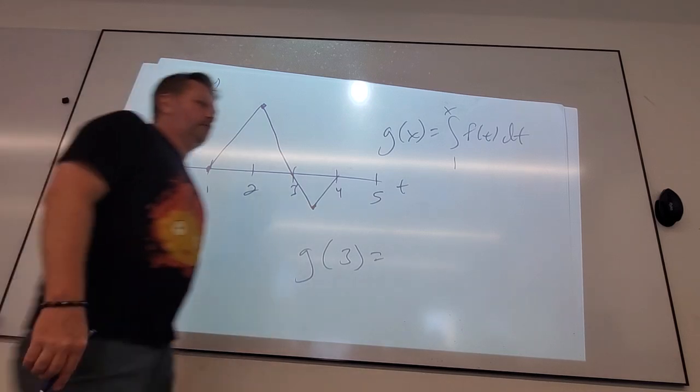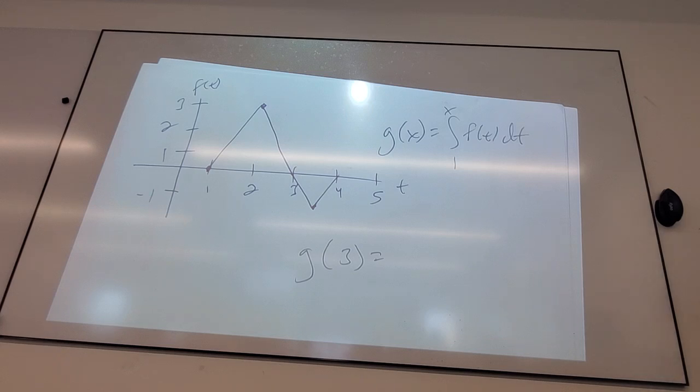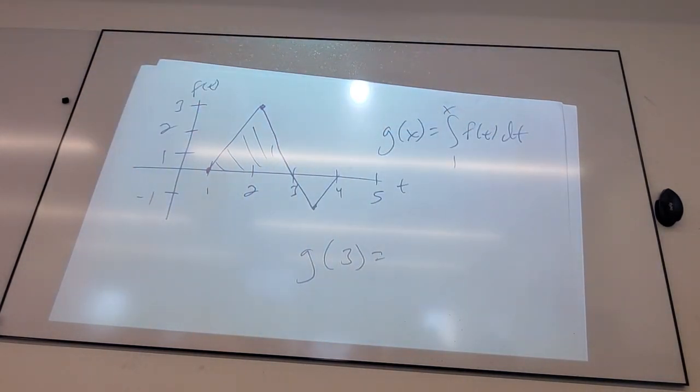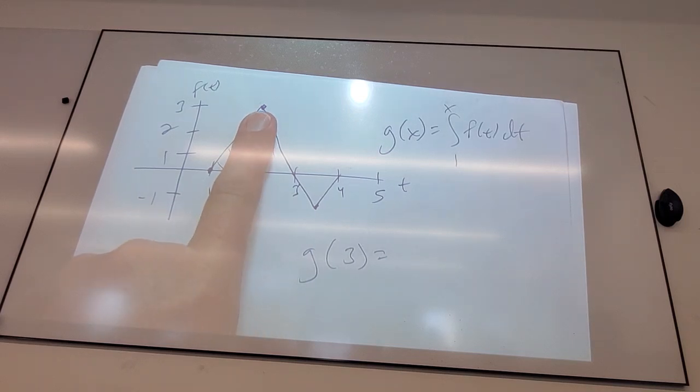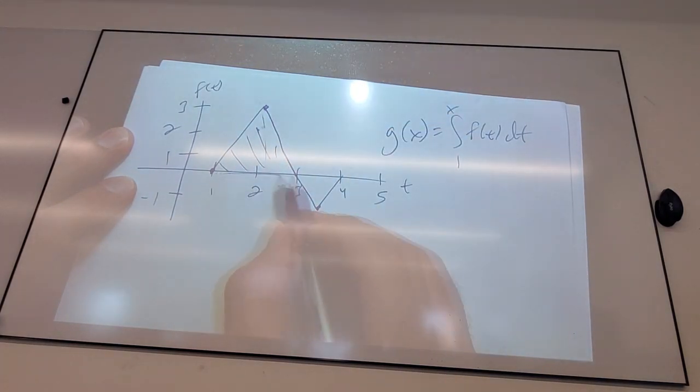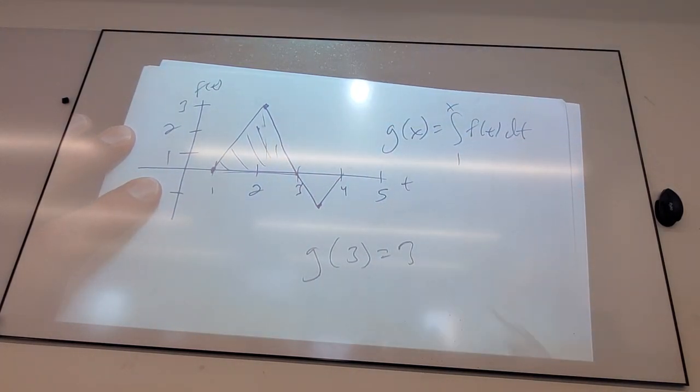I want the area between the x-axis and the function from 1 to 3. Well, that's just the area of the triangle. What is that? 3. Yes, because, let's see, how tall is it? 3 times 2 divided by 2 is 3. That's crazy science.